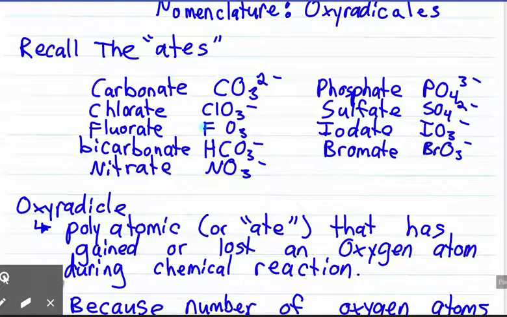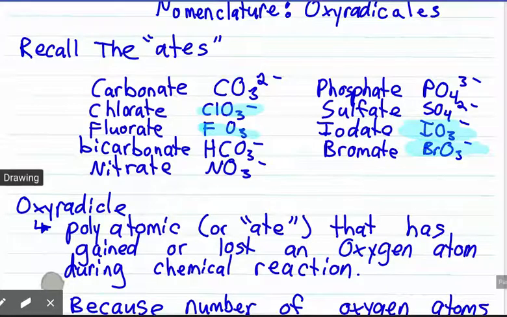You're going to notice that fluorate, chlorate, iodate, and bromate, which are all halogens, actually have exactly the same formula for their ates.